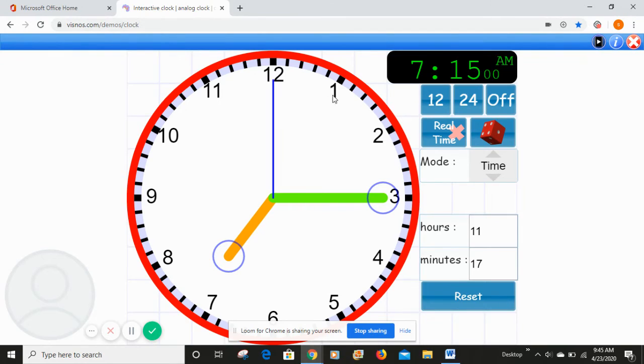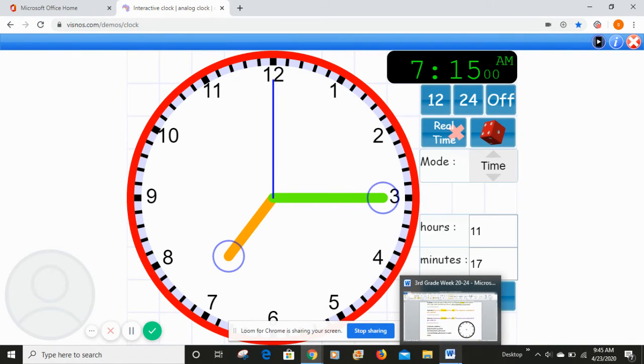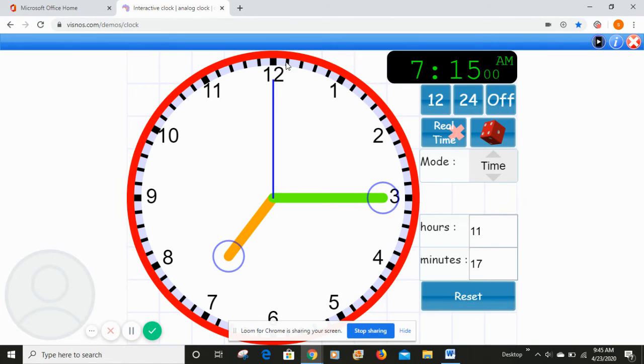So the question is, how many minutes are in a day and how many seconds are in a day? So what you have to do then is calculate how many minutes, and if you look, each one of these little marks is a minute, so you could count up how many of those in a day, and then you'll have to think about how many seconds are in a minute, how many minutes in an hour, and then how many seconds in a day.